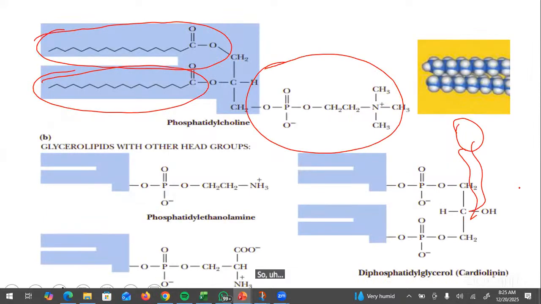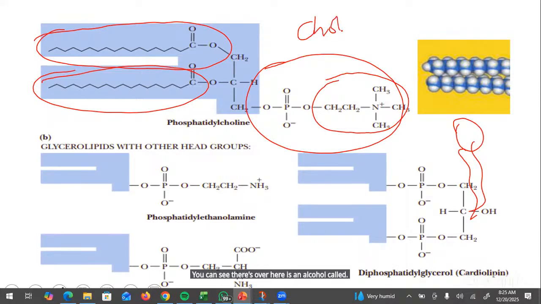These are alcohols attached to the phosphate. This is an alcohol, you can see there's an OH here. This is an alcohol called choline. You've heard about acetylcholine.